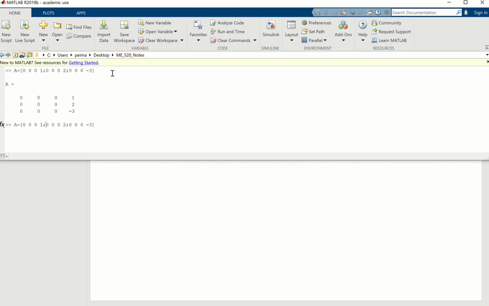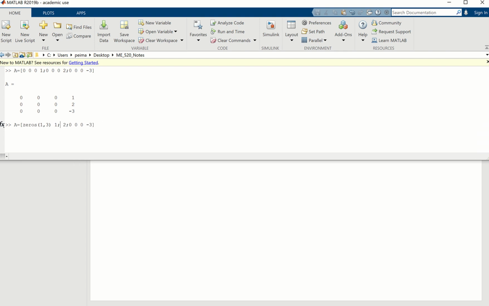But we have another type of writing here, guys, because I taught you about the zeros command. Zeros command gives you a matrix of zeros, in n rows and m columns. So how many zeros do we have here? 1, 2, 3, that's right. So it is 1 and 3.